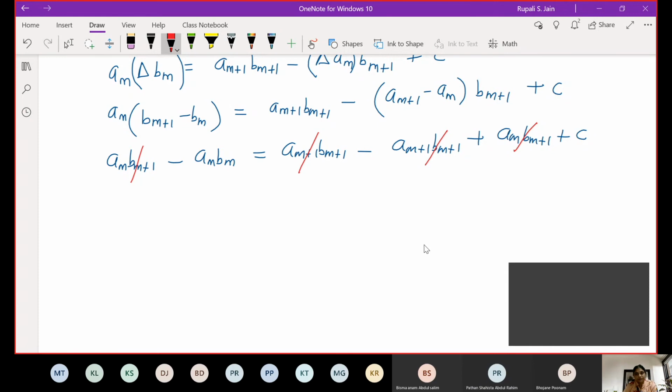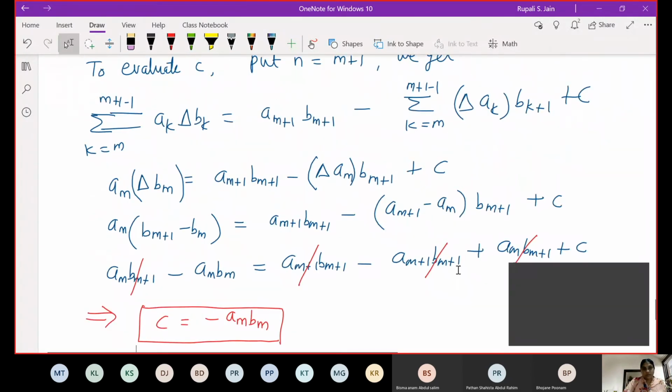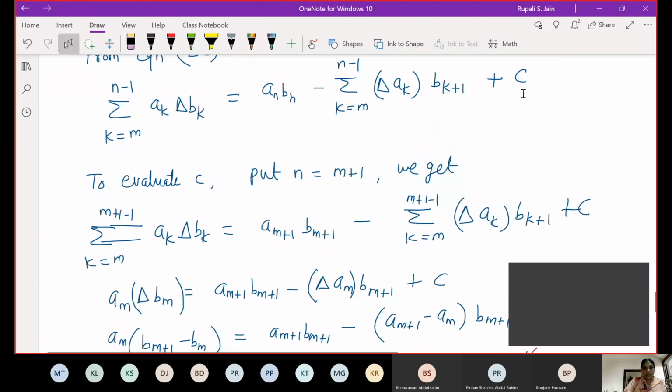Is it okay? So what I am getting is c equal to minus am bm. So here I am getting minus am bm, right? Yes.